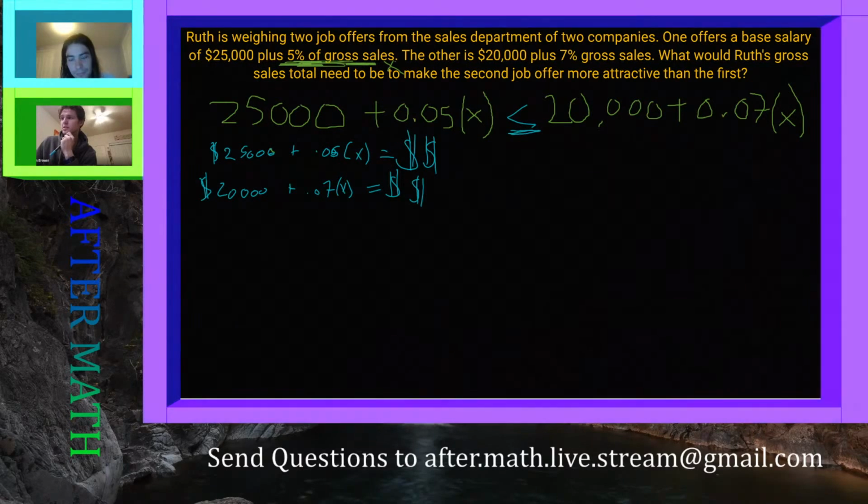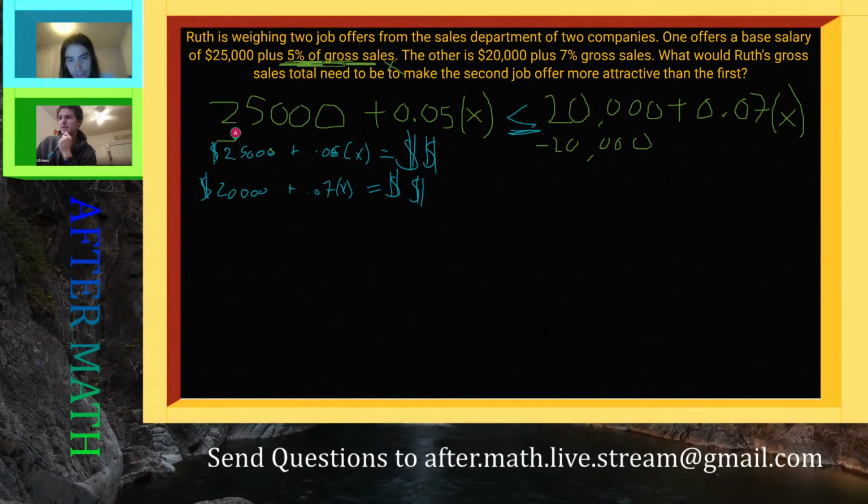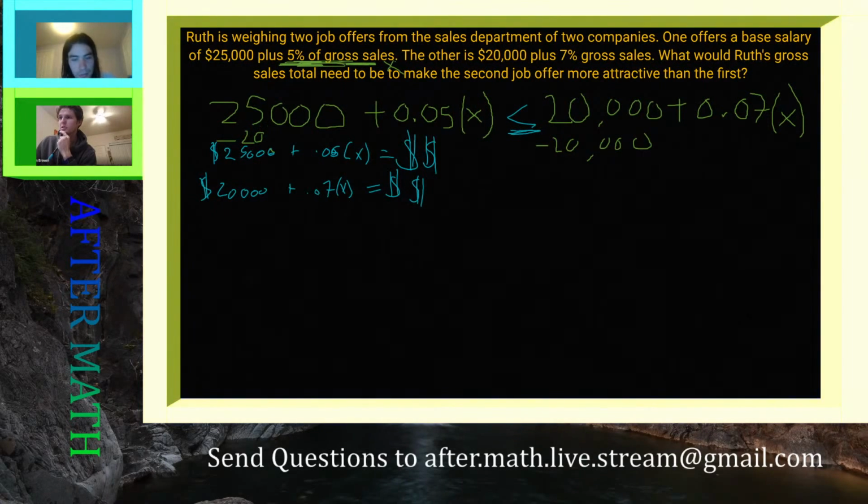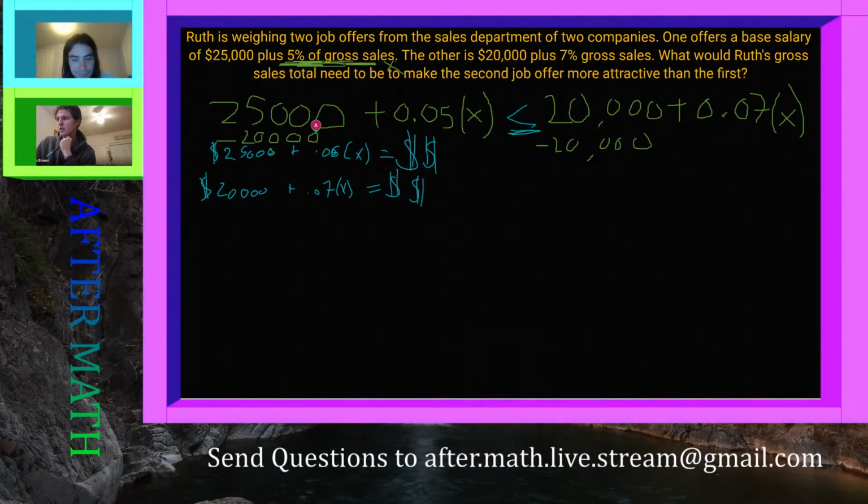We can subtract the 20,000 on this side. I like that because then we're not dealing with negative numbers. Yes, negative numbers sometimes screw up inequalities. So minus 20,000, boom, that's gone on that side, and we are left with 5,000 on this side.